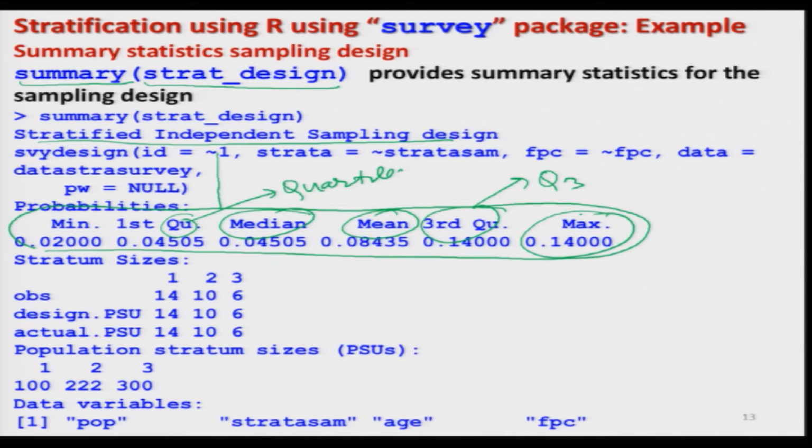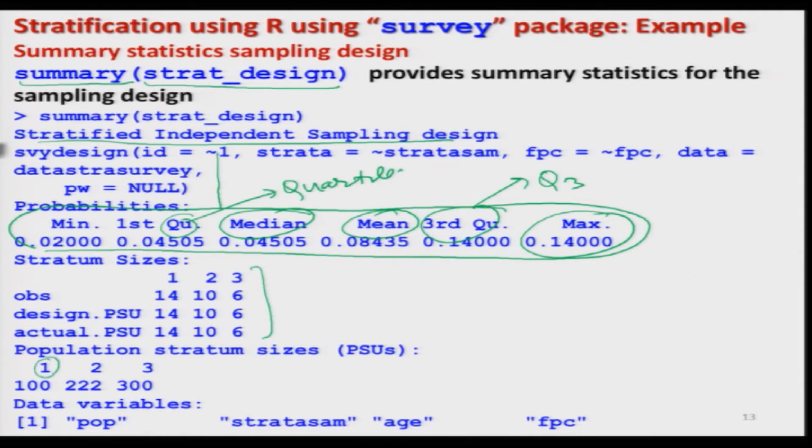So this is giving you lots of information about the sampling design, and then it is giving you the number of observations which have been considered in the construction of strata, and the value of strata sizes. This is also given here.